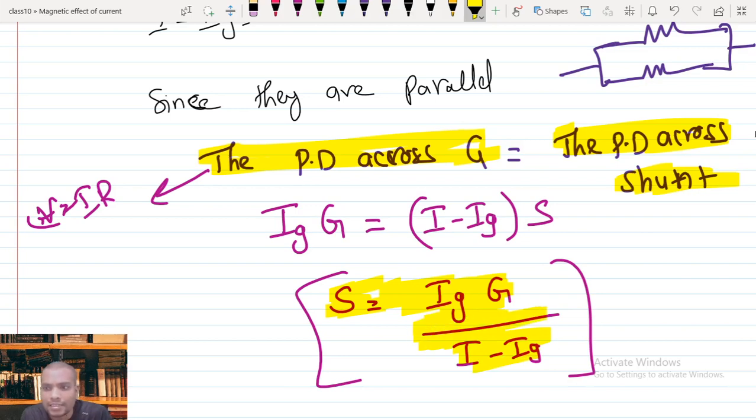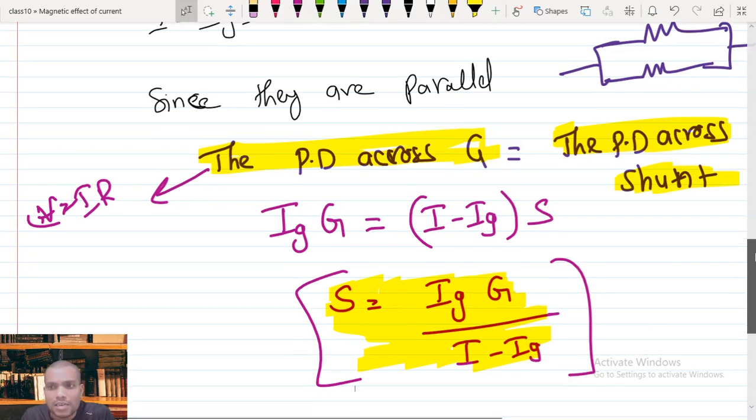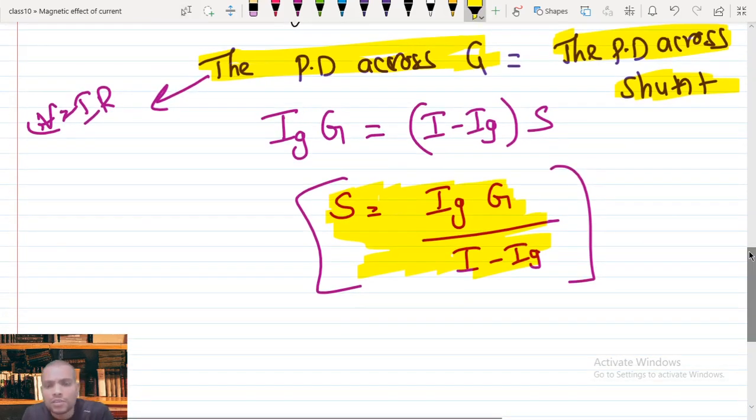So by connecting a shunt resistance S across the galvanometer, we can convert that galvanometer into an ammeter of desired range. So this is the amount of shunt resistance we need.